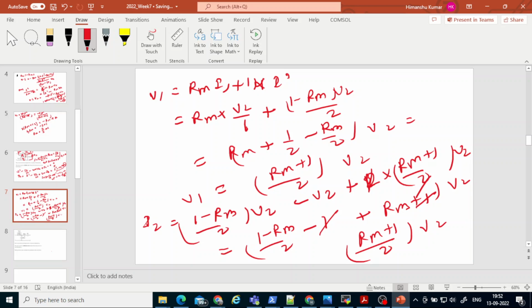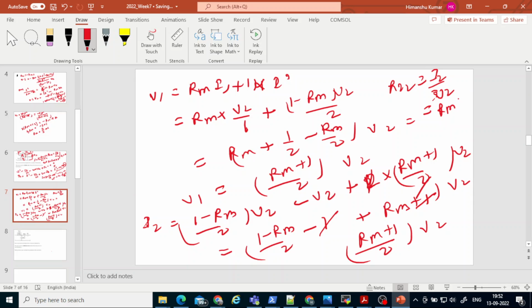So H22 will be equal to I2 by V2, which is Rm plus 1 by 2.